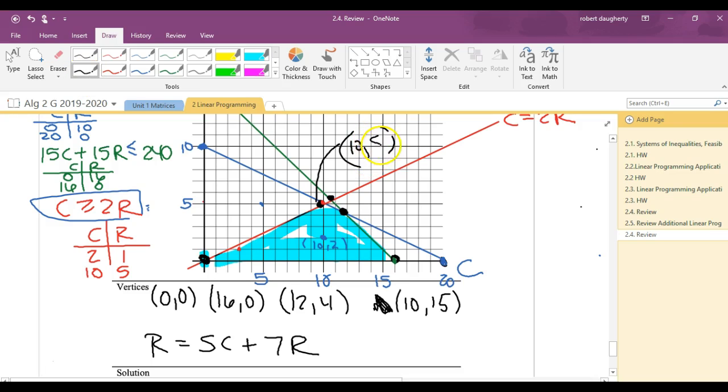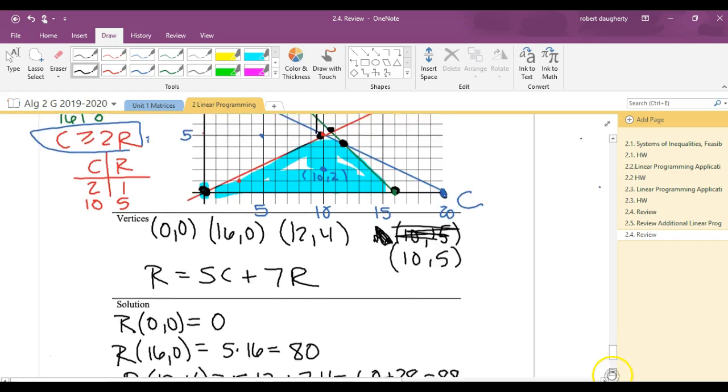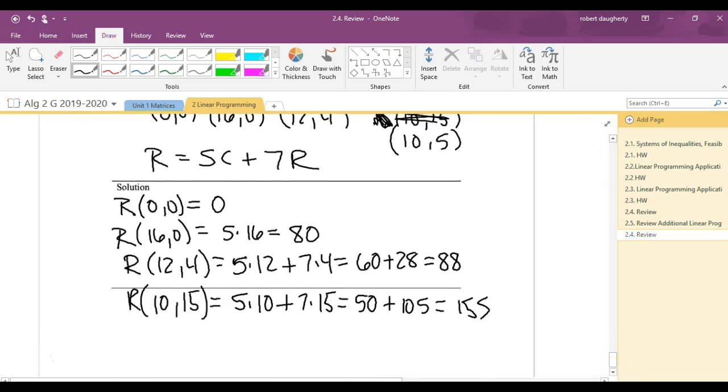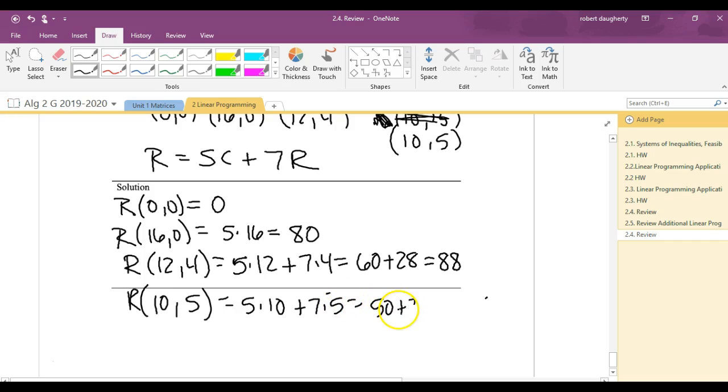That makes a world of difference. 10, 5, not 10, 15. So the revenue at 10, 5 is 5 times 10 plus 7 times 5. That's 50 plus 35, which is 85. Sorry for all the confusion there. And this is my maximum value.